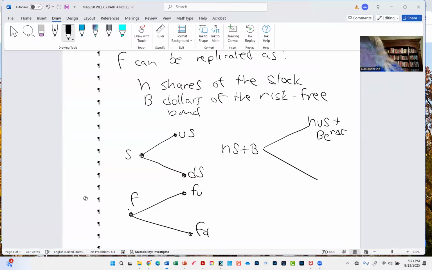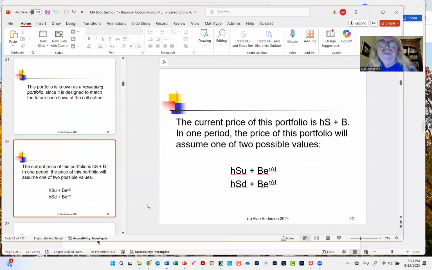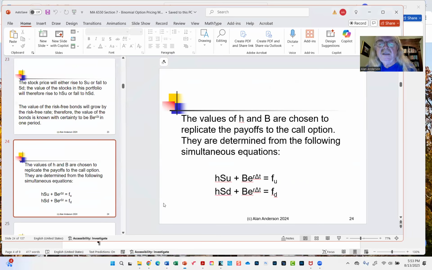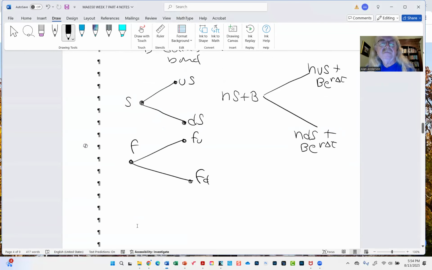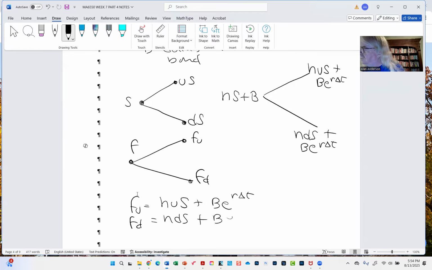And then down here... all right. How does that help? Because that means we can set these equal to each other. You can see that now we'll have enough information. We can solve for 2 simultaneous equations. We're going to solve for H and B.